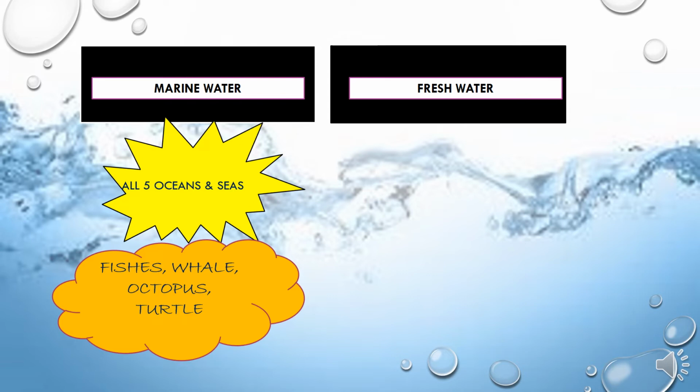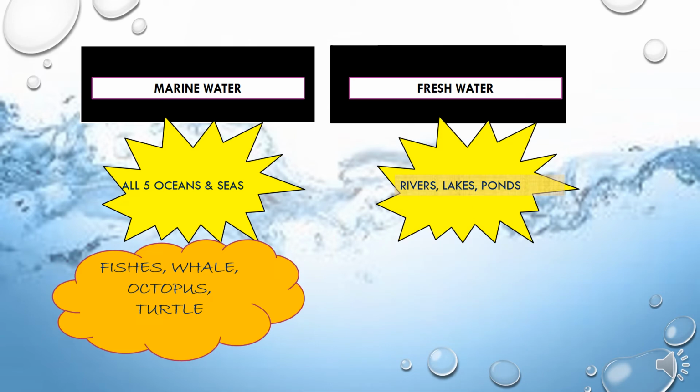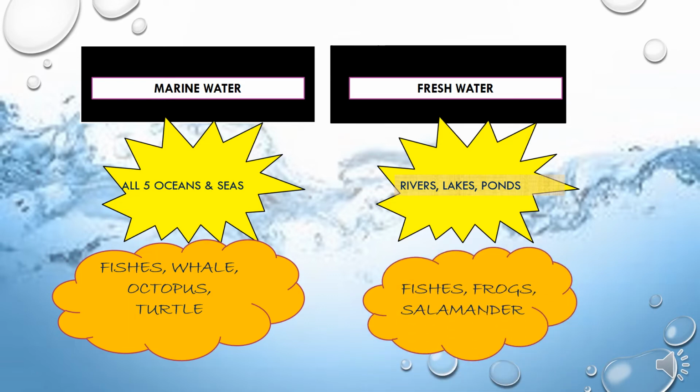And what is fresh water? It consists of small water bodies like rivers, lakes and ponds, which include small fishes, frogs and salamander. Aquatic animals like frogs and salamander can live both on land and in water and are thus called amphibians.